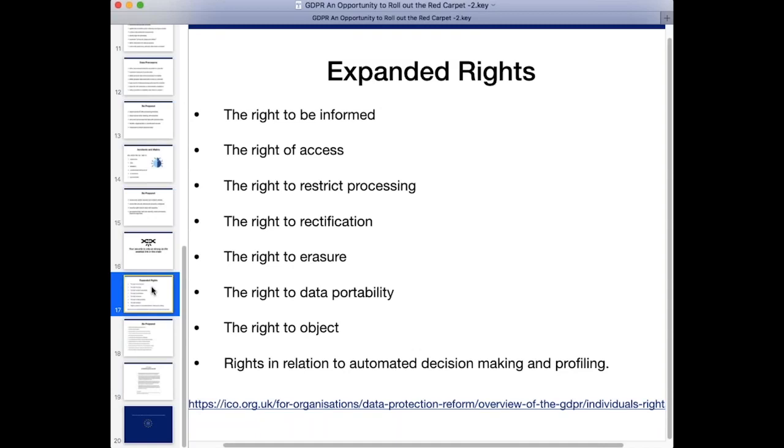So before we continue, I just want to look at data subject rights. As listed on the ICO website, we have the right to be informed, the right of access, the right to rectification, the right to erasure, the right to restrict processing, the right to data portability, the right to object, and rights in relation to automated decision making and profiling.